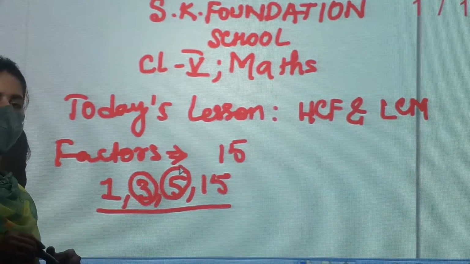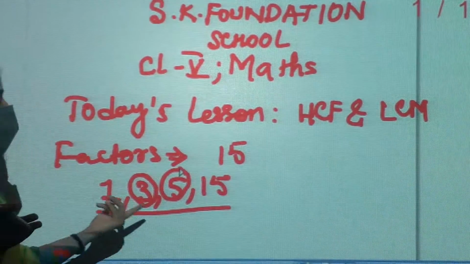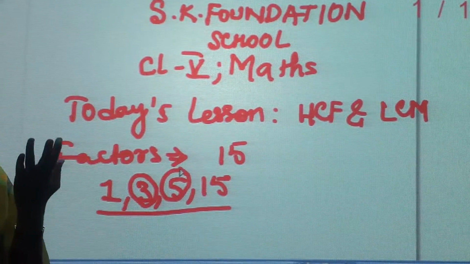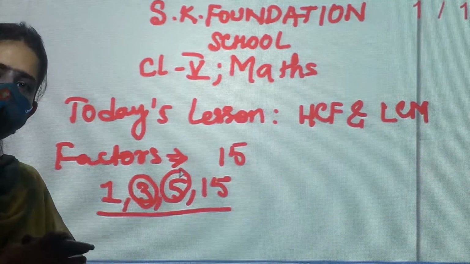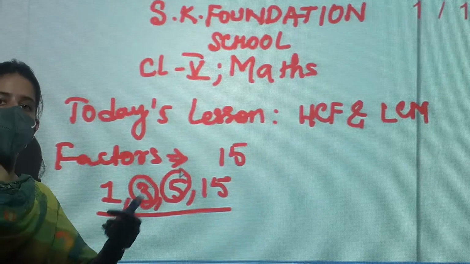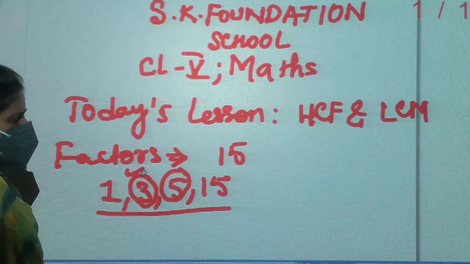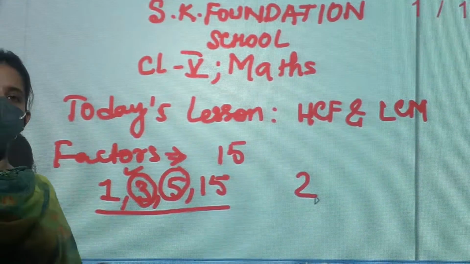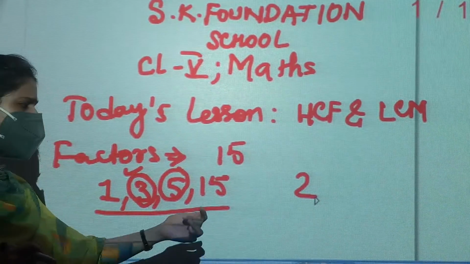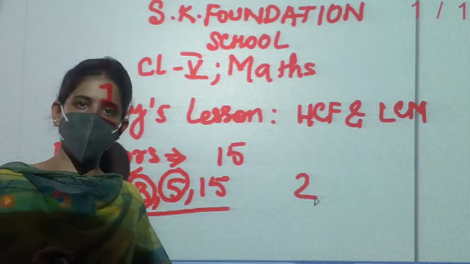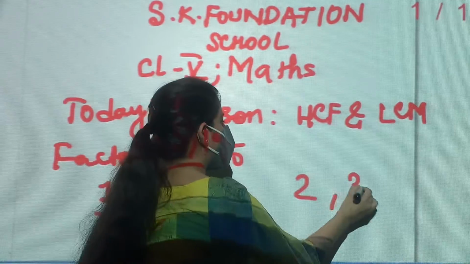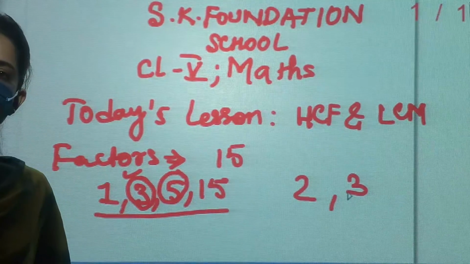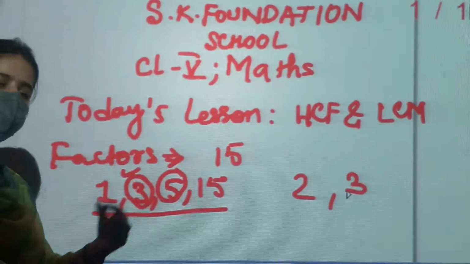Prime numbers, if you do not remember, are those numbers which are divisible by 1 and itself. Say 2. 2 is divisible by 1 and by itself, 2. Next is 3. 3 is divisible by 1 and itself.